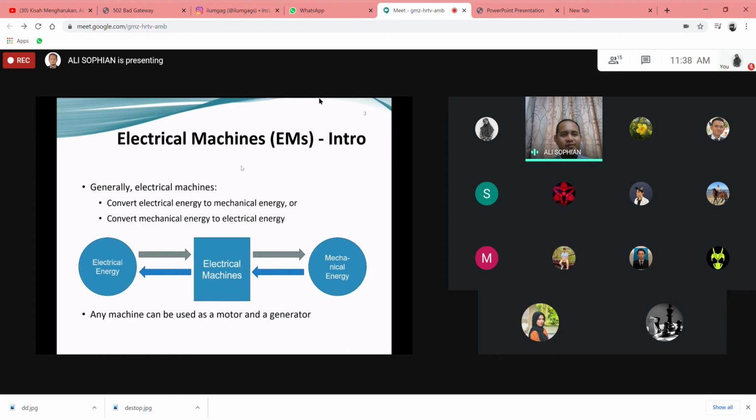Not really producing from nothing, but it's actually converting from the electrical energy as the input, and the output is the mechanical energy. And a generator is the opposite. It's the other way around. You give it mechanical energy, and then it will convert it to electrical energy.